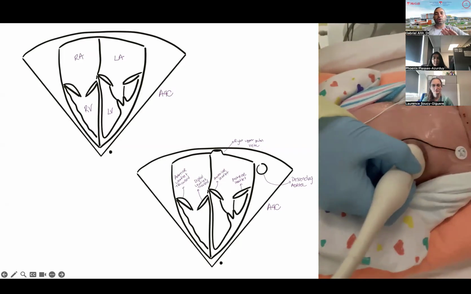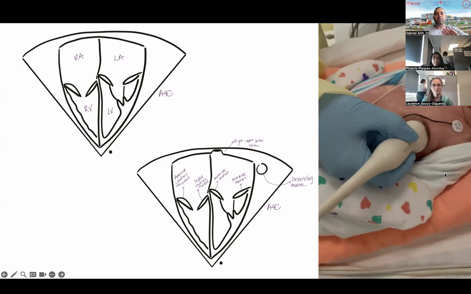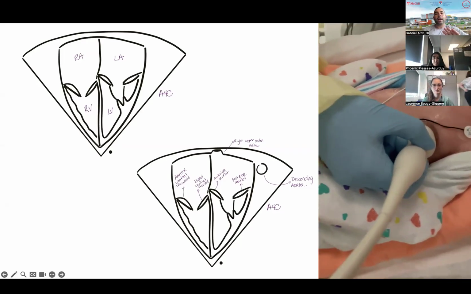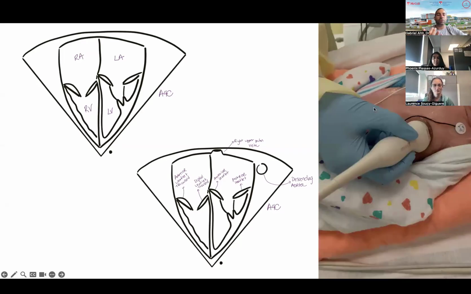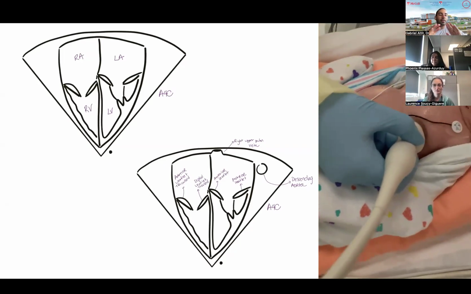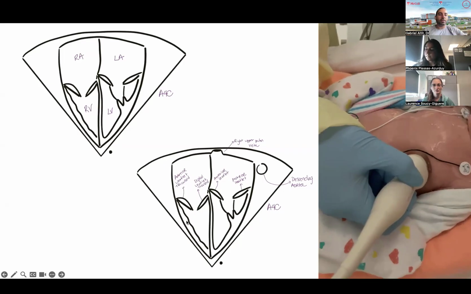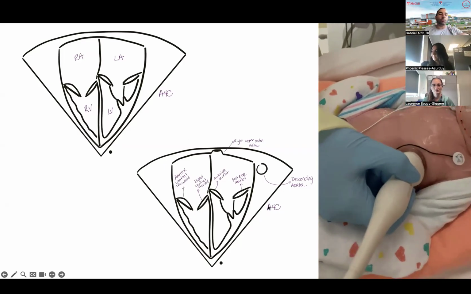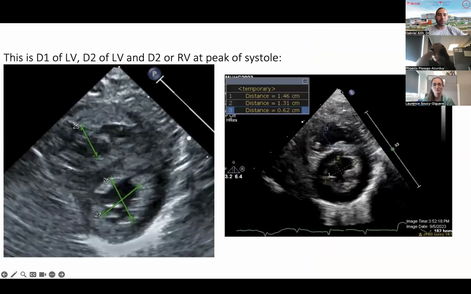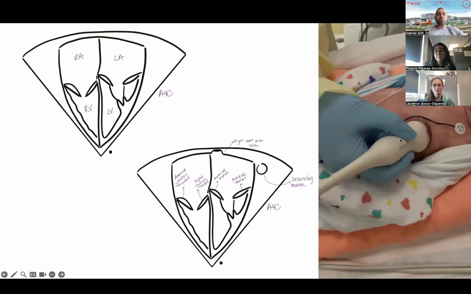And whenever your probe is above the nipple line with the tail of the probe towards the head of the patient, like for example parasternal long, parasternal short, suprasternal PDA view, then typically you get that inverted sector view from the normal sector view, like we saw previously, with the marker on top and the probe on top.